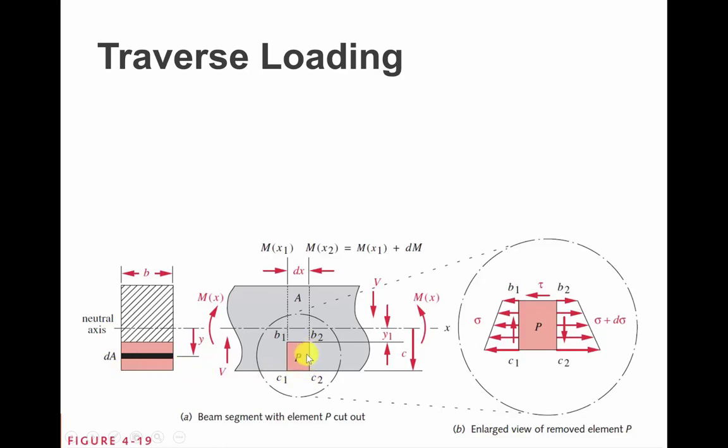And it also has some height that's going to be equal to c minus y1. And what we're going to be doing is looking at different y1s to see what the shear stress is at this location. So what I'm really interested in is this B1, B2 plane here. It's this plane right here, which corresponds to this plane right here.